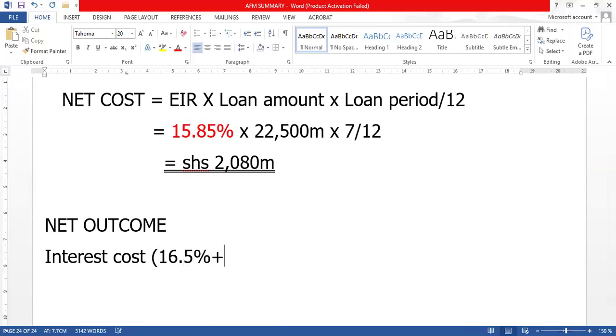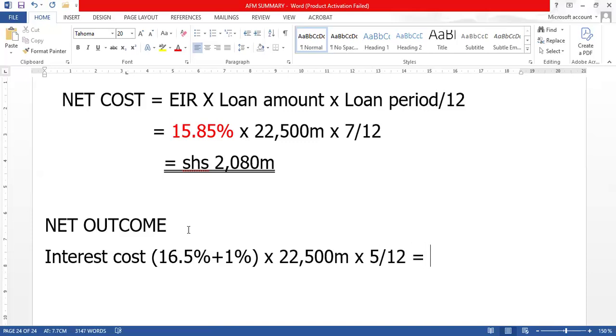So you have 16.5% plus 1%. Then the answer you get is multiplied by the loan amount, that is 22,500 million, then times the repayment period, 5 out of 12.